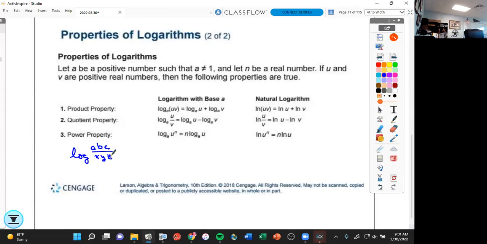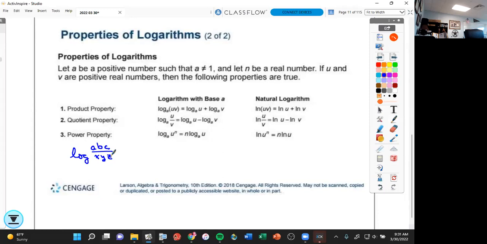Yes or no? On the top, what's being multiplied? A, B, and C. Do we have a product on the bottom? X, Y, Z. But they're on the bottom, so they're all going to be negative. The A, B, and C, they're on the top, so they're going to be positive.